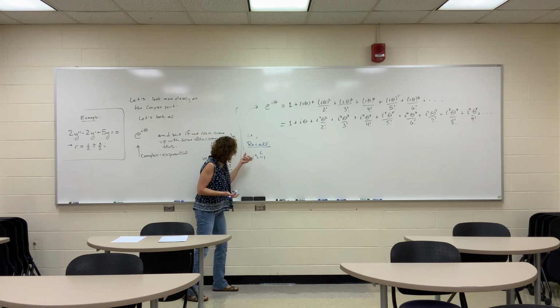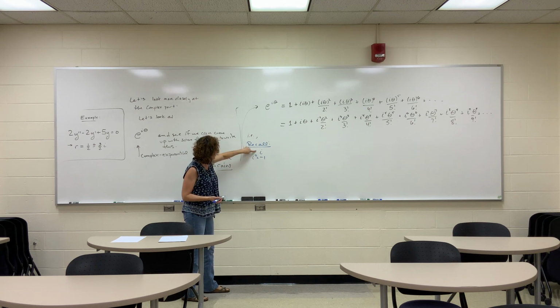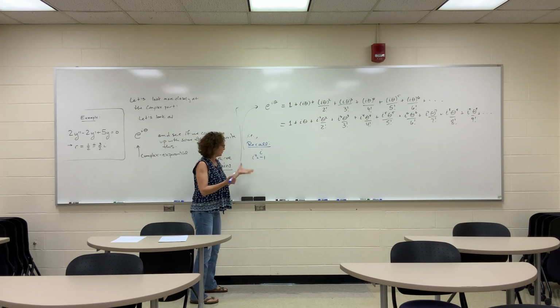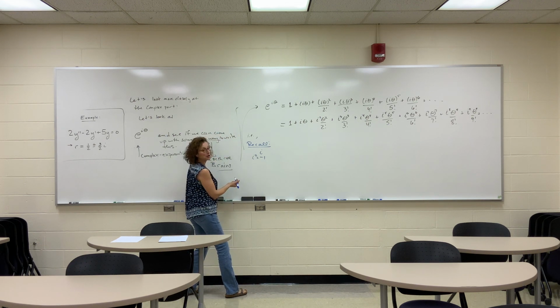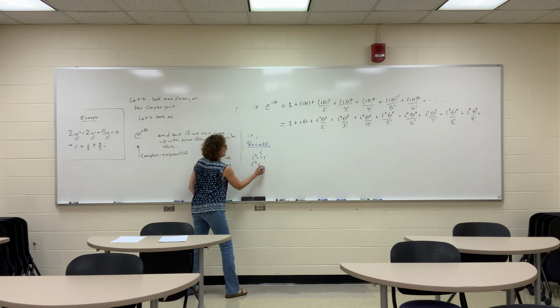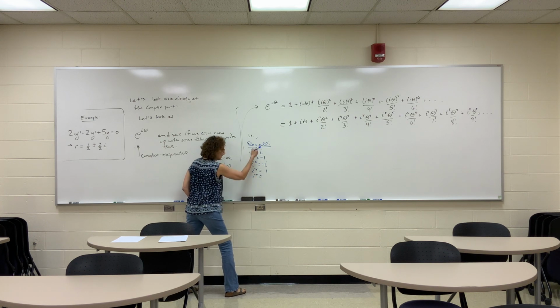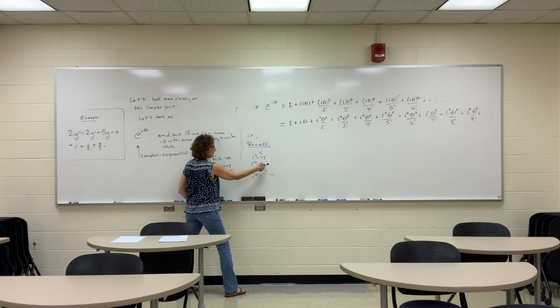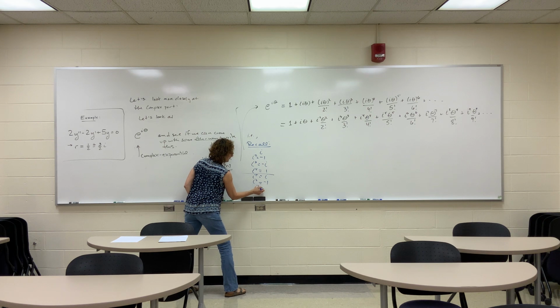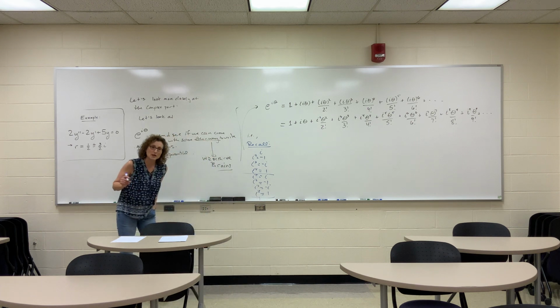Hopefully that gives us more understanding of writing i as the square root of -1. It really means much more than just the notation. Then i cubed is minus i, because we're multiplying that by i, and i to the 4th is 1, since i squared times i squared is 1. Then i to the 5th is what? The cycle just continues again: i, -1, -i, 1. So i to the 6th is -1, i to the 7th is -i, i to the 8th is 1, and the cycle continues.